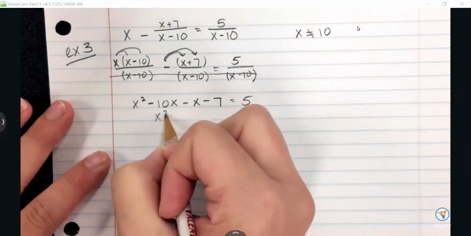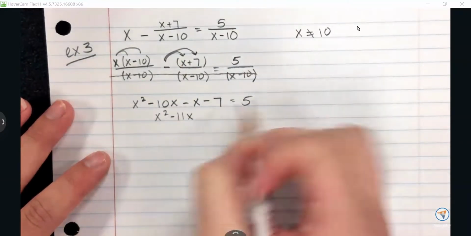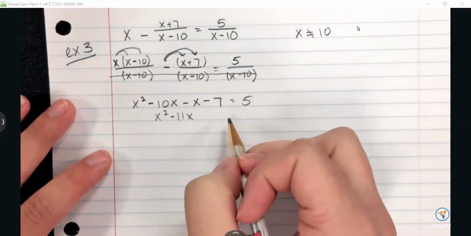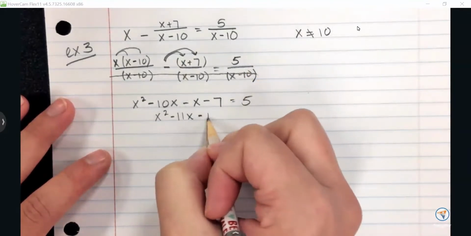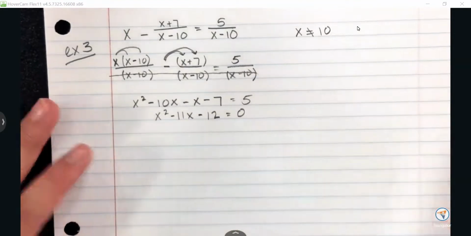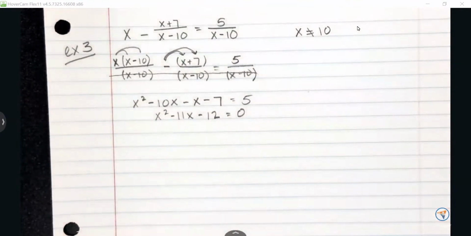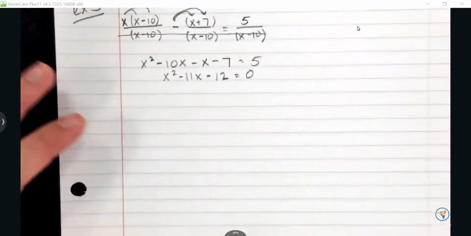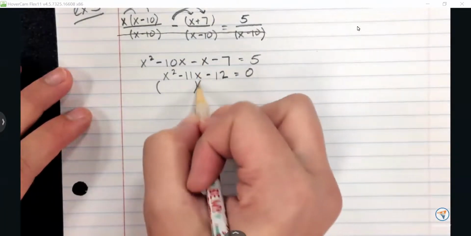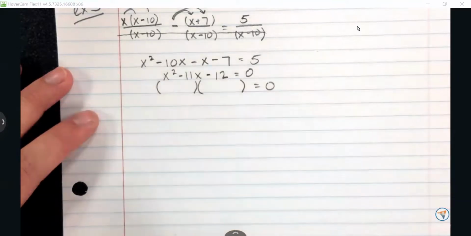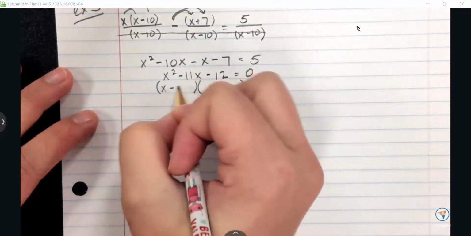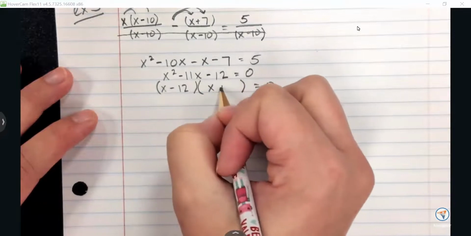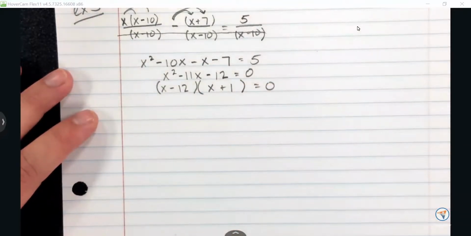So I have x squared minus 11x minus 12. Where did minus 12 come from? I have to set it equal to 0 because this is now a quadratic, which means I can factor or make your eye chart. So I have x minus 12 and x plus 1.